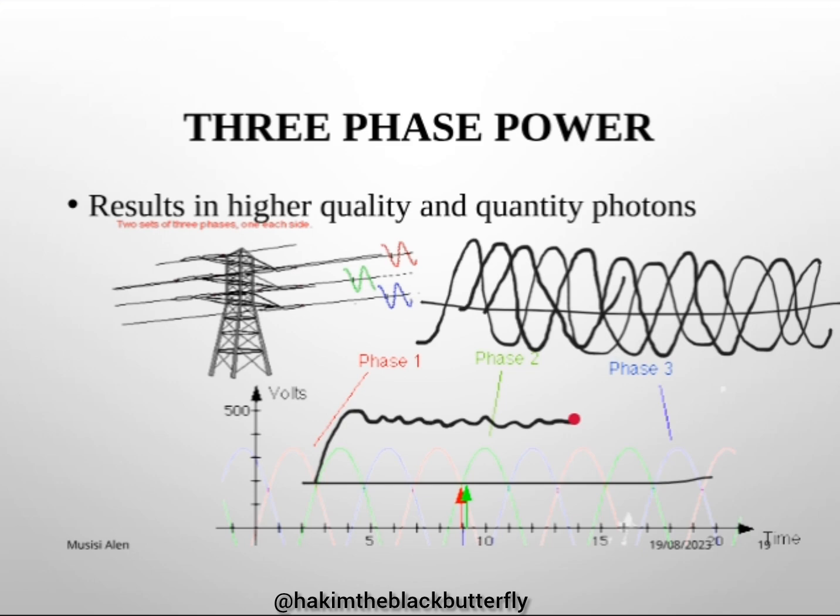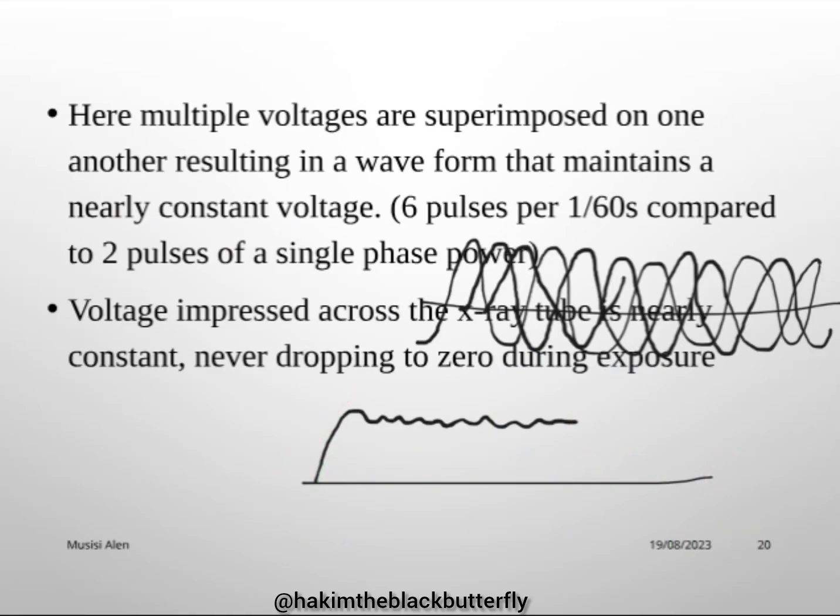So nowadays, it is very rare to find a three-phase X-ray machine, be it a CT, be it X-ray machine, because the cost of bringing a three-phase power is high. So the machines used nowadays, they have high frequency generators, which can work on single phase power.